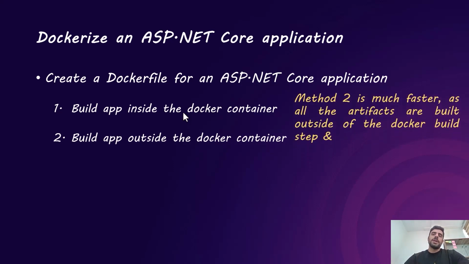Of course, my preference is to use the second method, and it's really nice and has great performance if you are going to use CI/CD. This second method is really fast, as it builds the artifacts outside the Docker build steps.